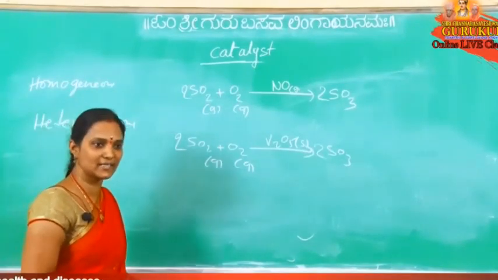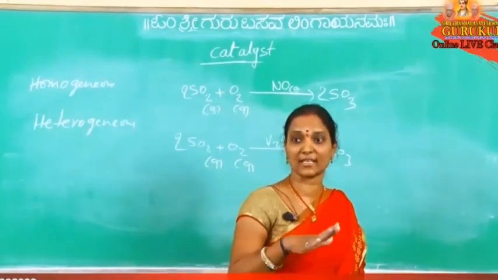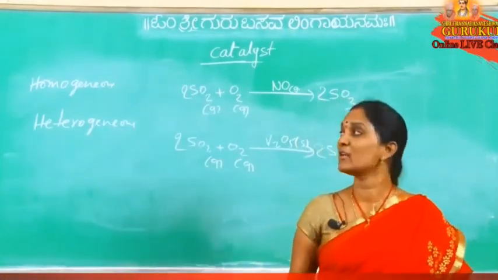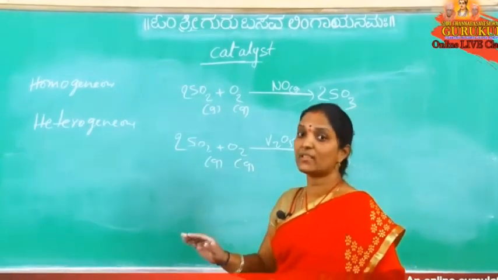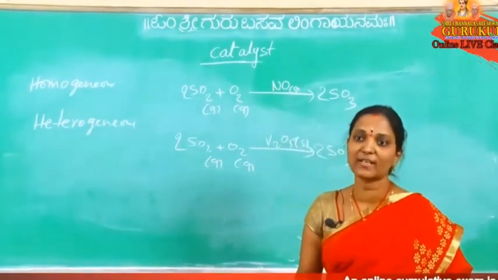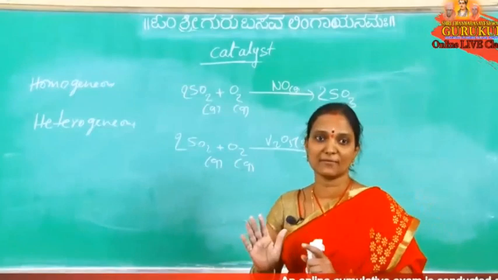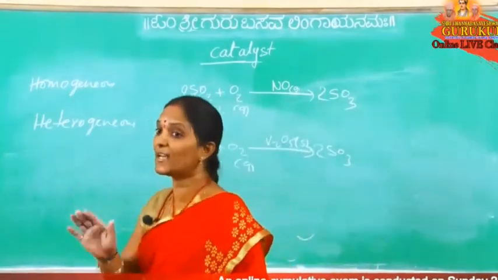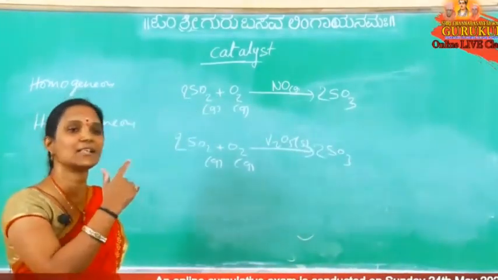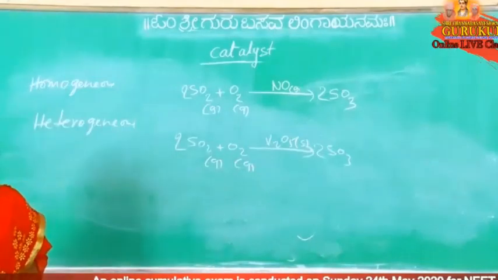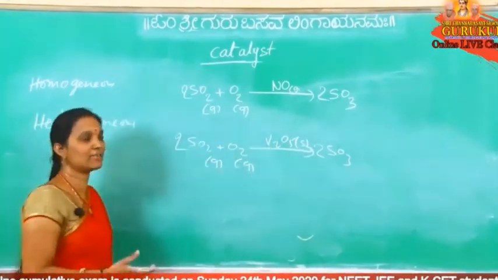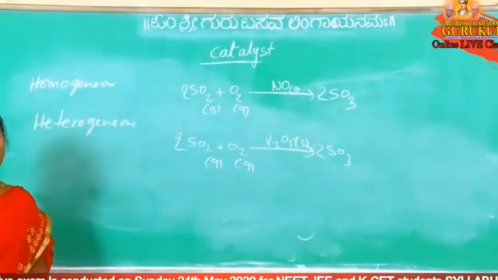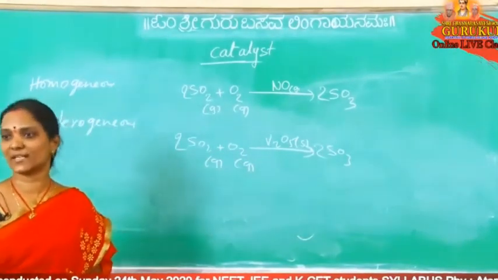So heterogeneous catalytic reaction means reactants and catalysts are in different physical states. Homogeneous catalytic reaction means reactants and catalysts are in the same physical state. In a homogeneous reaction, reactants and products are in the same physical state, but in a homogeneous catalytic reaction, reactants and catalysts are in the same physical state. Here reactants and catalysts are in different physical states, so that is a heterogeneous catalytic reaction. So these are different types of catalytic reactions.